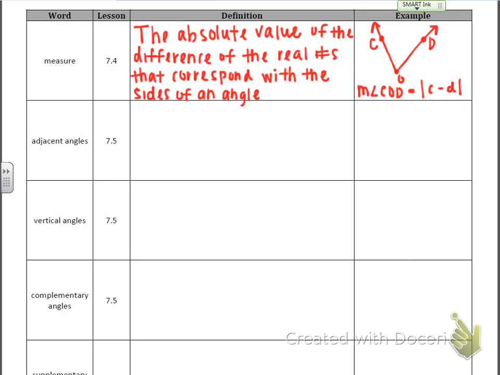What does the word adjacent usually mean? Next to each other. So if we have adjacent angles, they are two coplanar angles that are next to each other, or they have a common side.